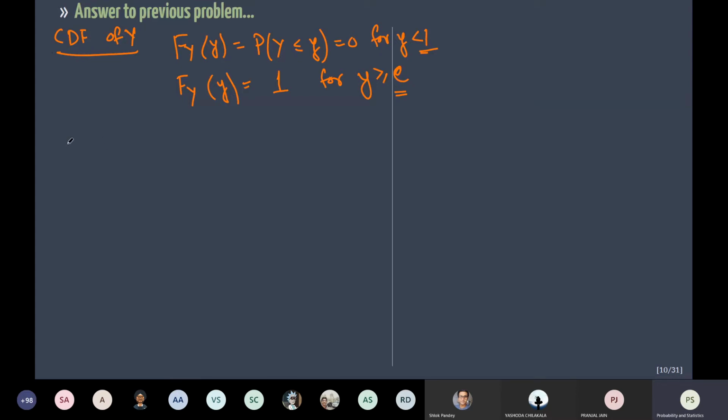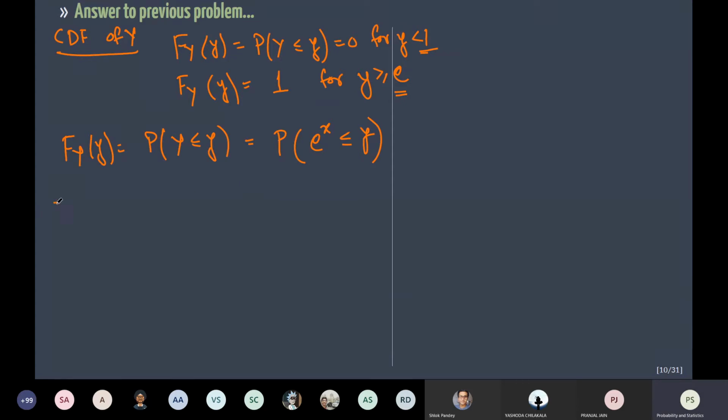Now to find F_Y(y) for the range of y, we have F_Y(y) is the probability that Y is less than or equal to y, which is the probability that e to the X is less than or equal to y, right?